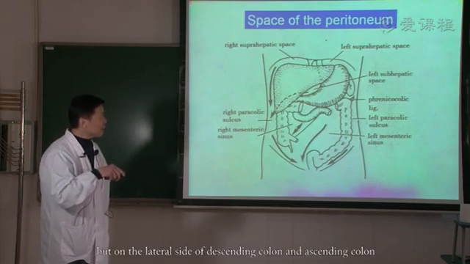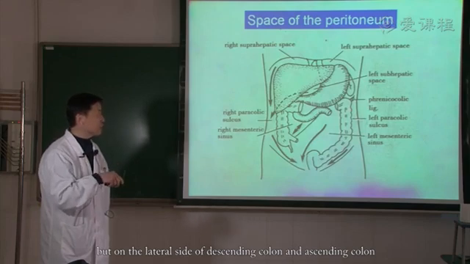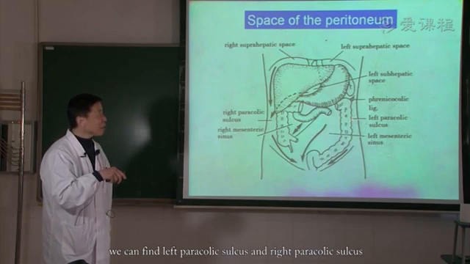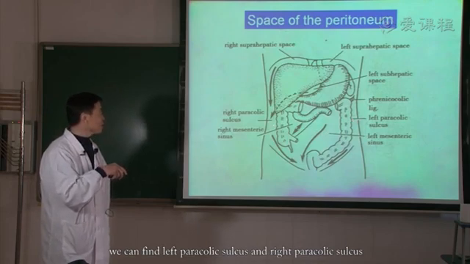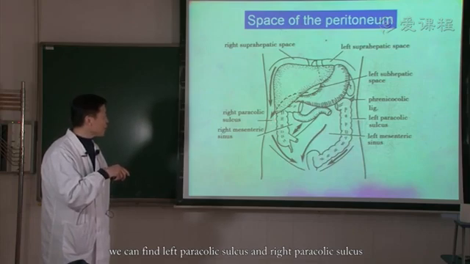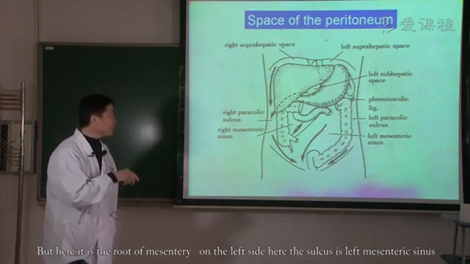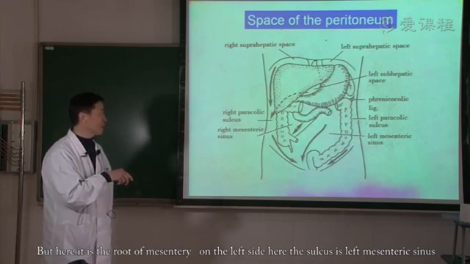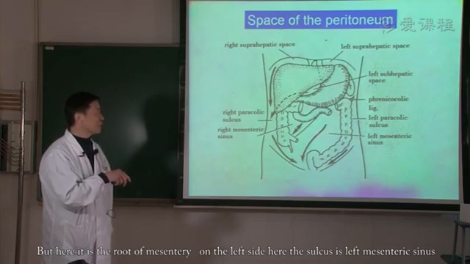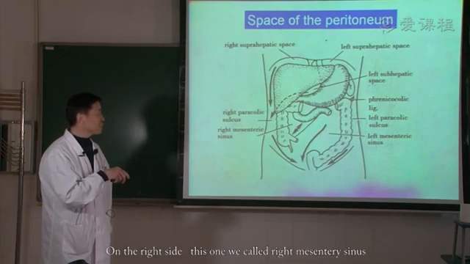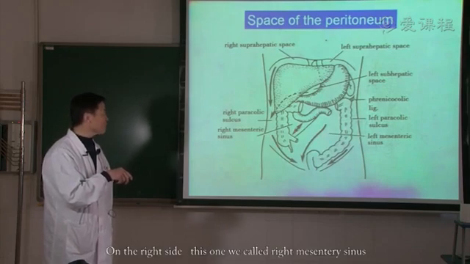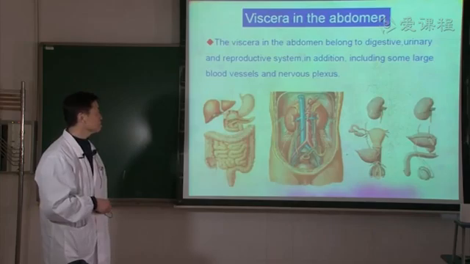On the lateral side of the descending colon and the ascending colon, we can find the left paracolic sulcus and the right paracolic sulcus. Here is the root of the mesentery. On the left side, this sulcus we call the left mesenteric sinus. On the right side, this one we call the right mesenteric sinus.